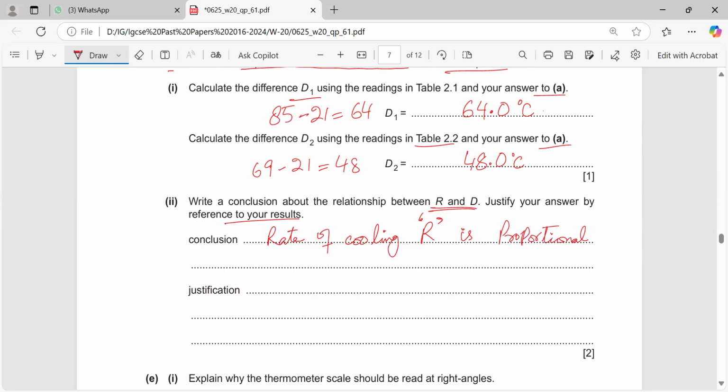So it's proportional to the difference of temperature. What is that? That is D. Difference of temperature, D.